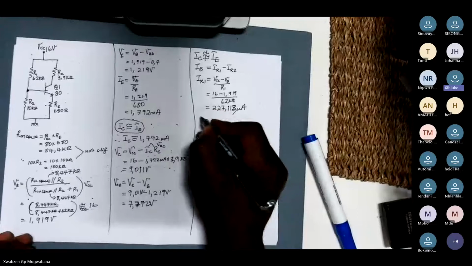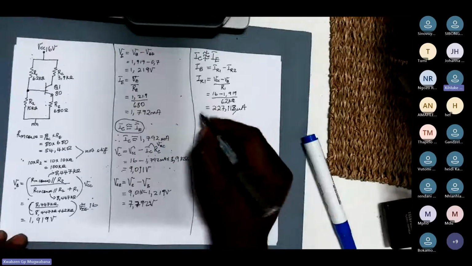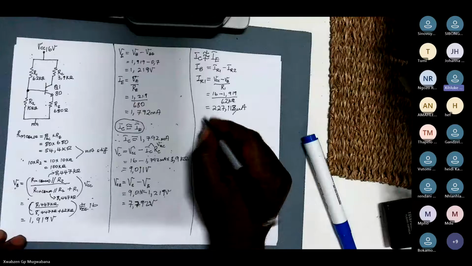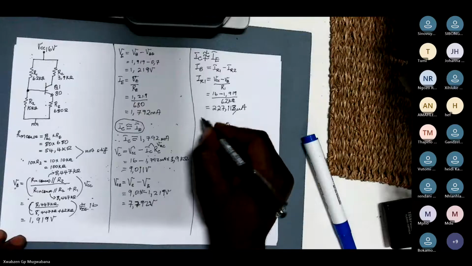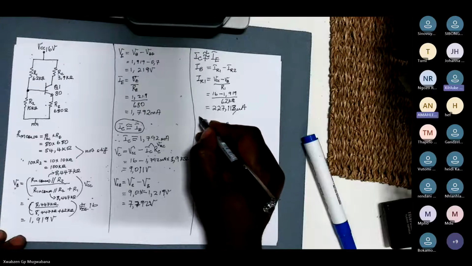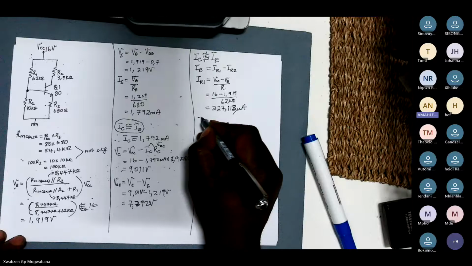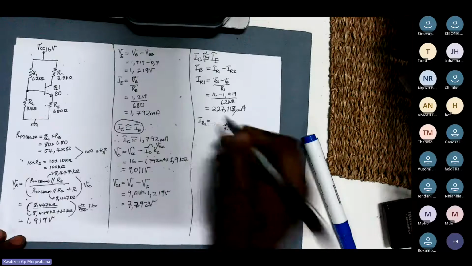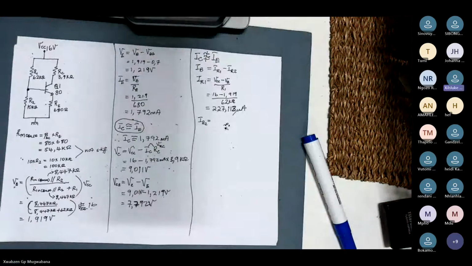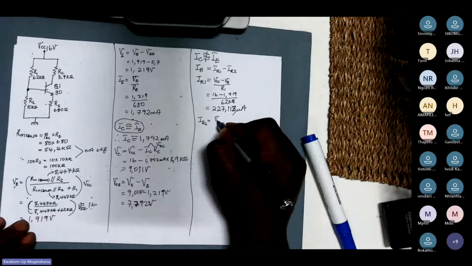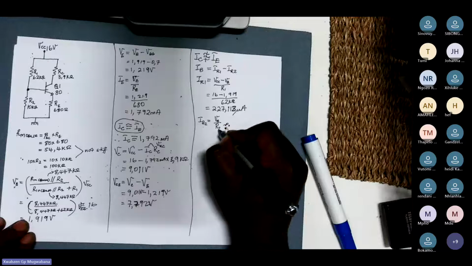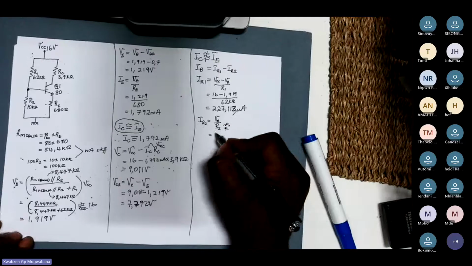Then after IR1, what must I do? Get IR2. How do I find IR2? It's VB divided by R2. In this case, what is your VB?